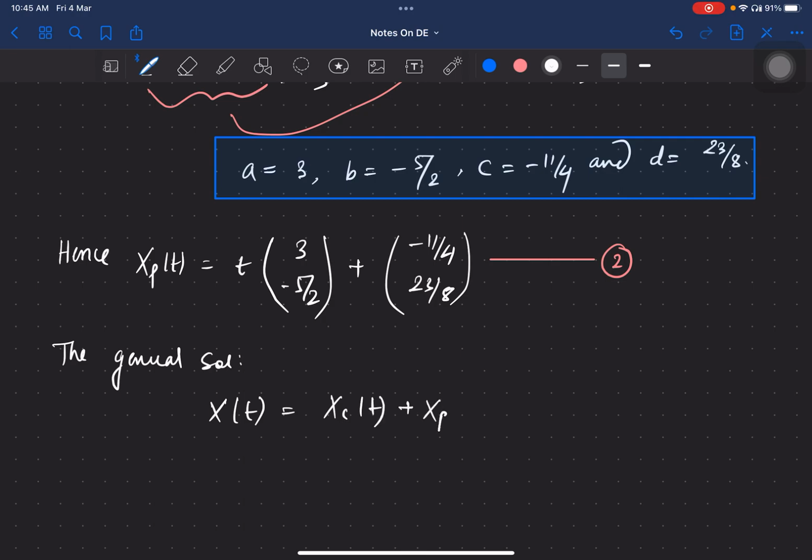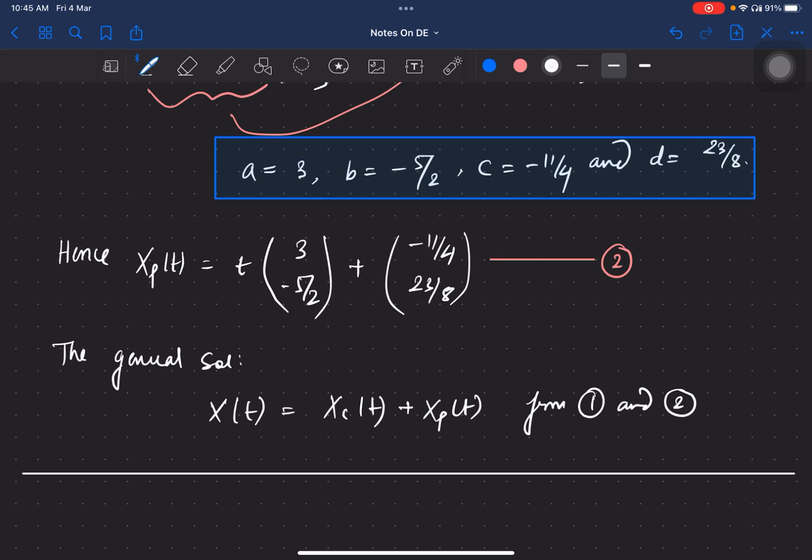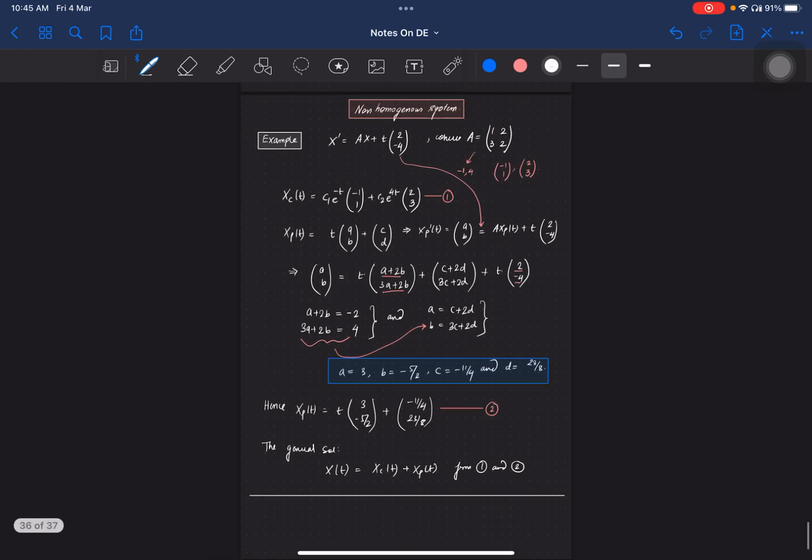So I'm not writing it out because the expression is big. So this is from 1 and 2. Okay. So this was the method of undetermined coefficients. So in place of this non-homogeneous part, t into minus 4, we can also have sine, cos, those things. All those cases we did in the usual undetermined coefficients.